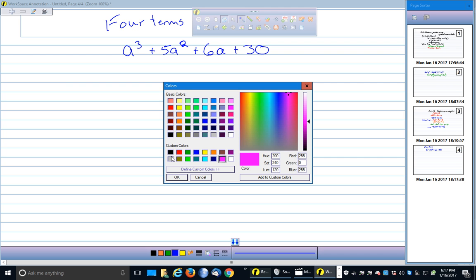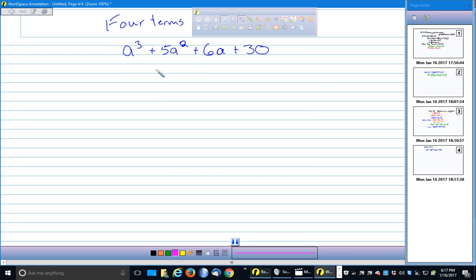I'm going to look at the first two terms independently and then at the second two terms. You say, oh, there's nothing I could pull out of all these four things. That's true. I can't pull out anything out of all four of those terms, but I can pull out the same thing out of the first two terms and the same thing out of the second two terms. What is that thing?